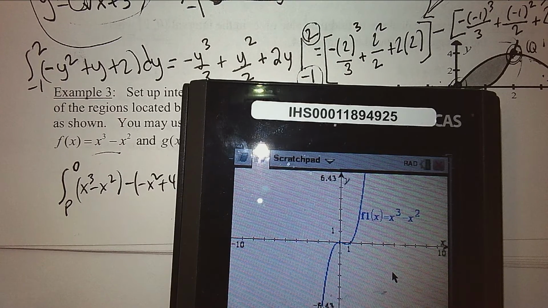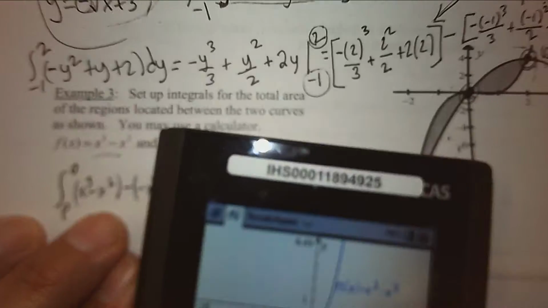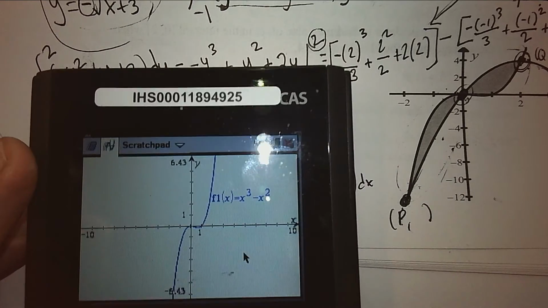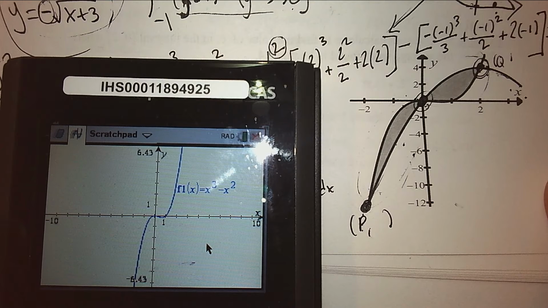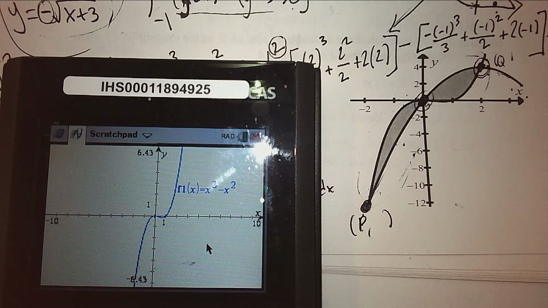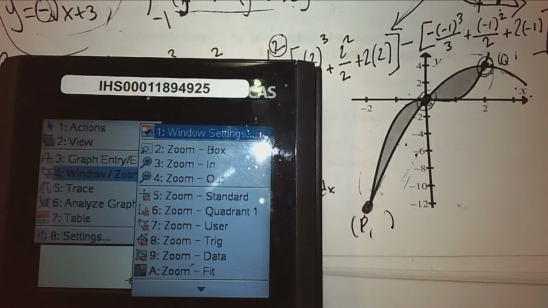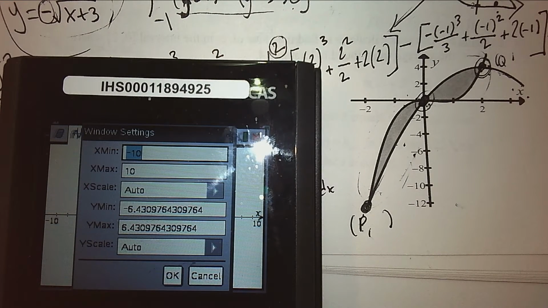If you had to, you might have to change the zoom so that you can actually see it a little bit better. It's really hard to tell here. I might zoom in and do the same window. Notice, on the picture given, what's the x window? It goes from negative 2 to positive 2, about. So if I change the window, go to Menu and the window settings, my x minimum, I'd actually make -3, so it's 1 less than what I need.